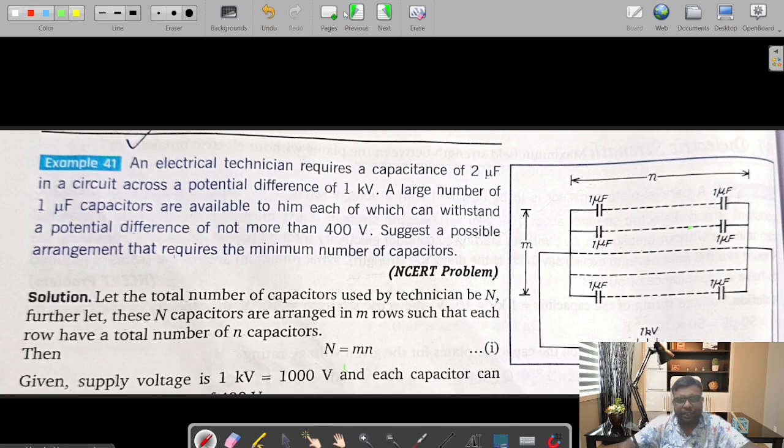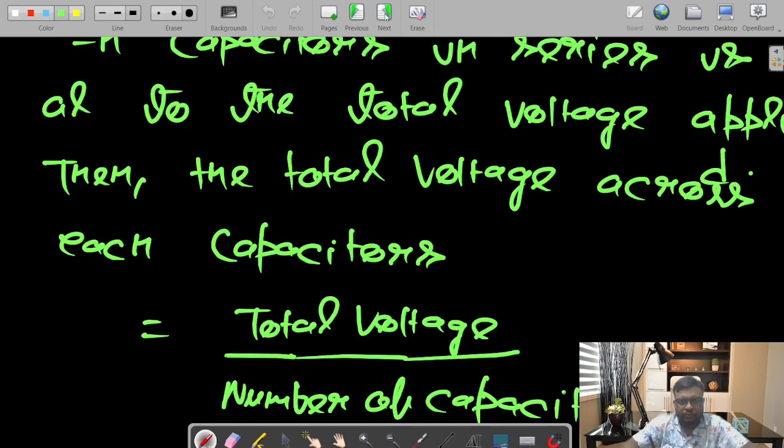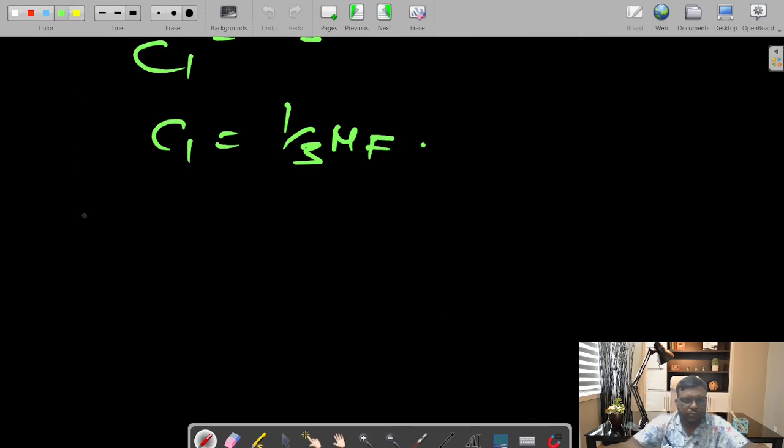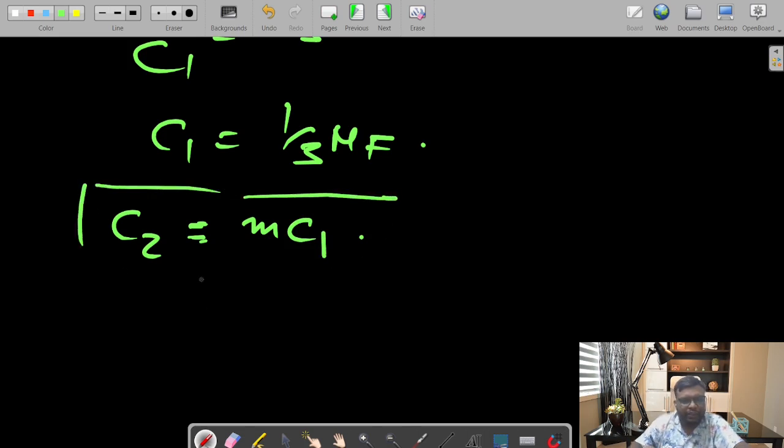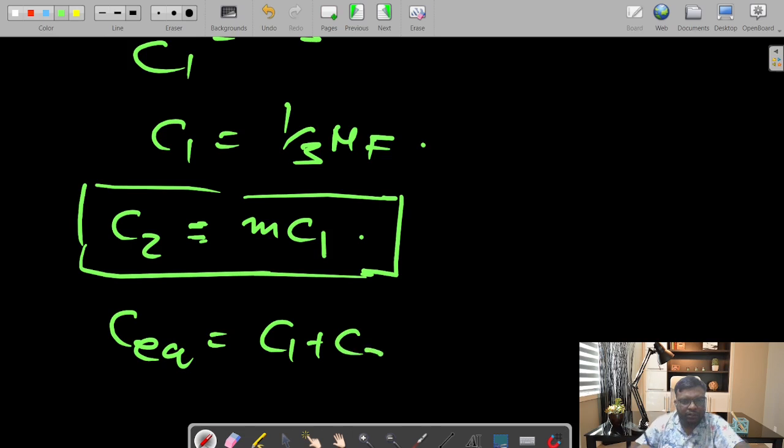So I am denoting the net equivalent capacitance of the circuit by C2, and C2 is equal to M C1, because all these M rows are in parallel. For a parallel combination, C equivalent is equal to C1 plus C2 plus C3.